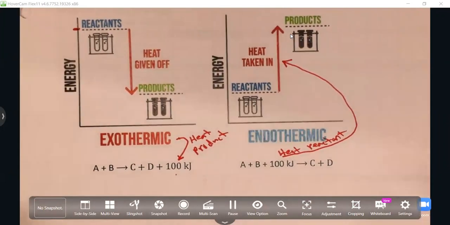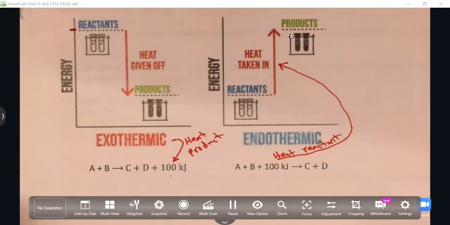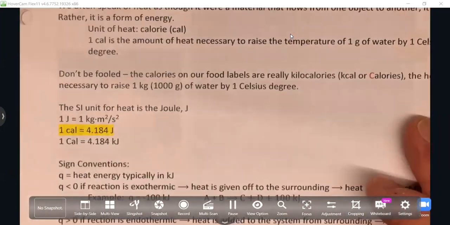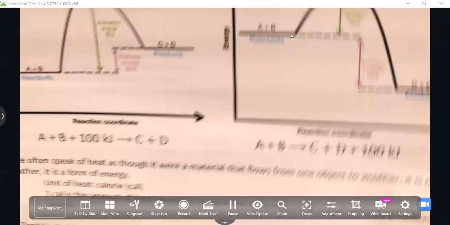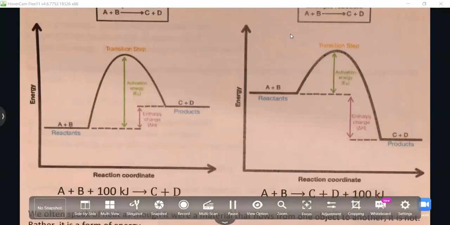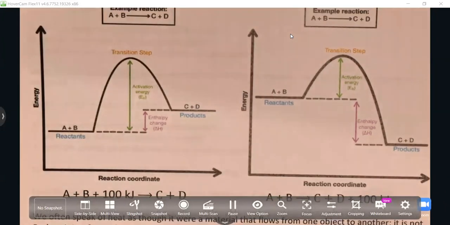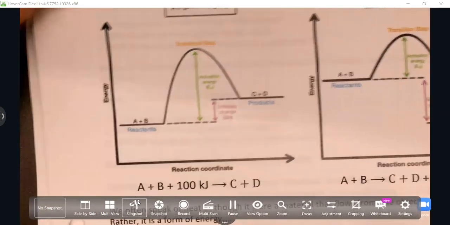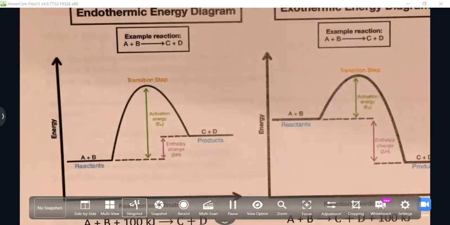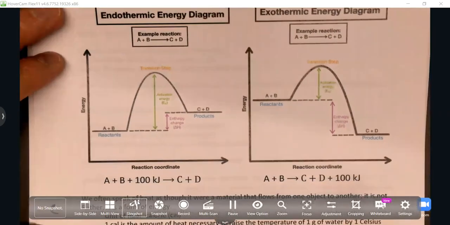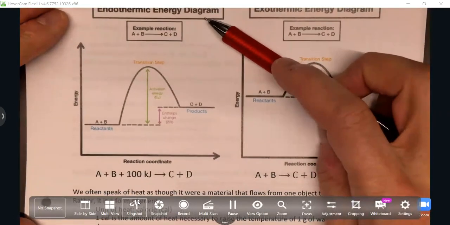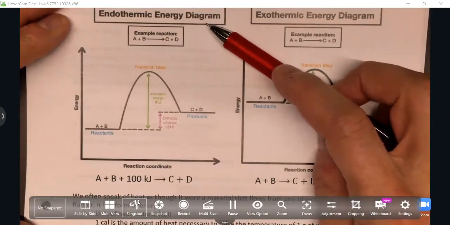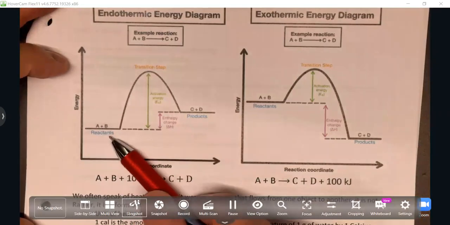And then the classic energy diagrams look like this. So here is an endothermic energy diagram. Here's the energy of the reactants.